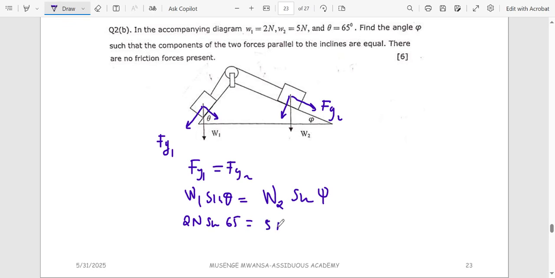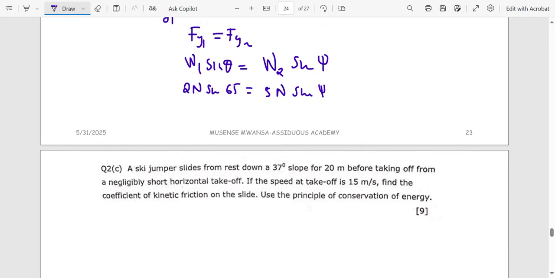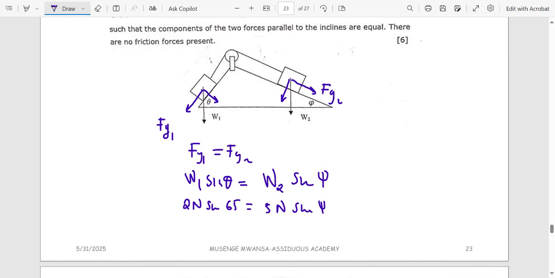We'll put 5N. But sine, we don't know the angle, so I'll remain with sine of this angle. So what do we do? We are going to divide both sides by 5N. So sine of this angle is going to be 2N sine 65 divided by 5N.